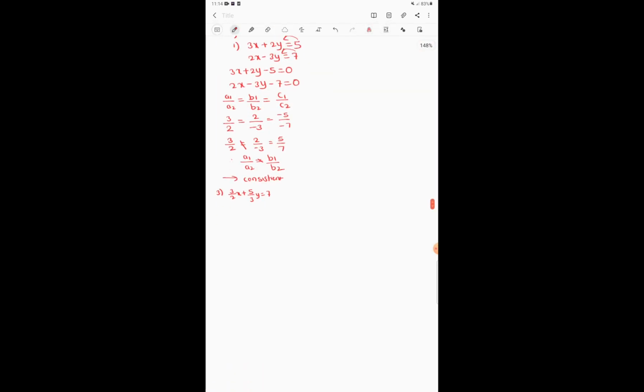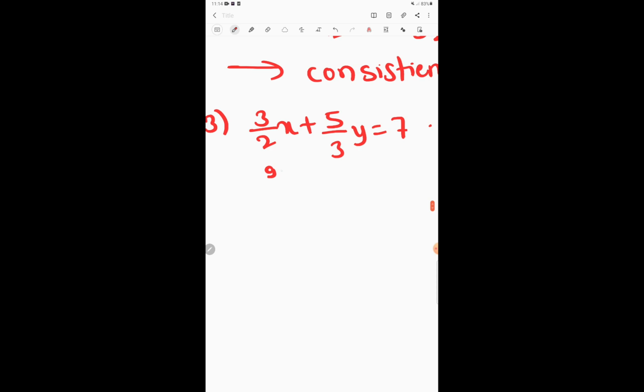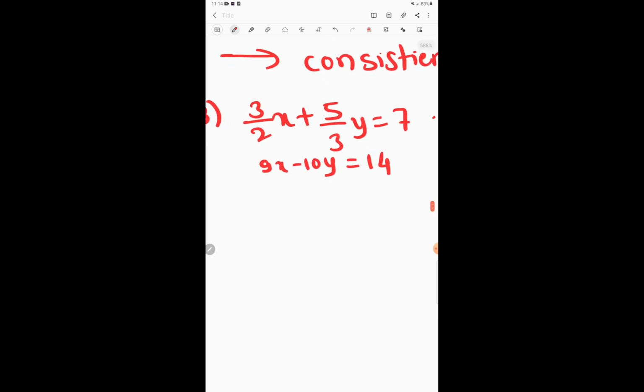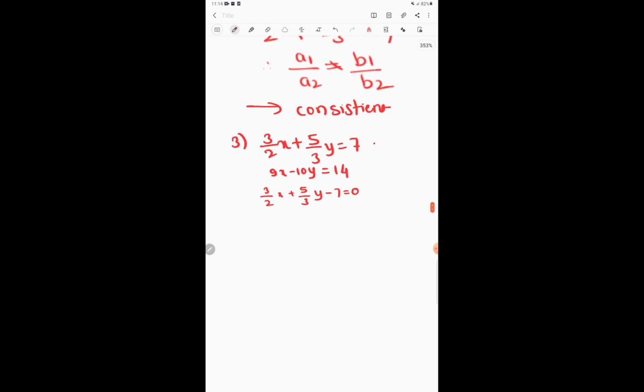So first we take all the values from the right side to this side: 3 by 2 x plus 5 by 3 y plus 7 minus 7 is equal to 0.